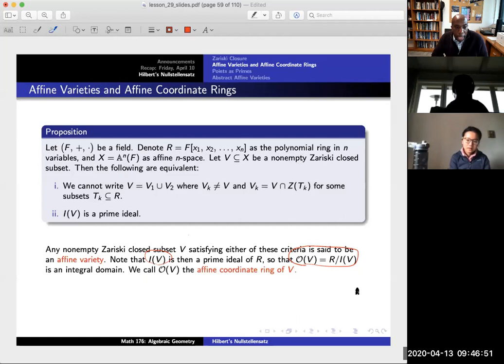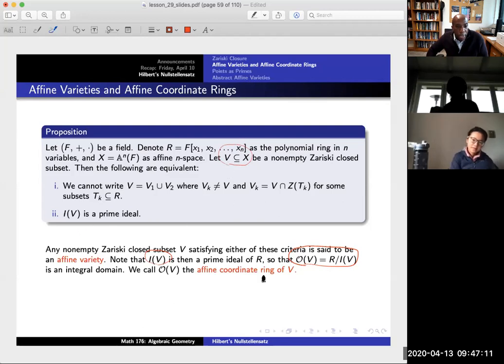Remember that this is actually how we defined affine varieties at the very beginning, that we really want the quotient here to be an integral domain. So now we have a slightly more general definition. Now what we're going to say is pick any Zariski closed subset here that you want.